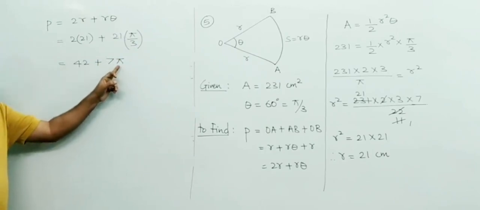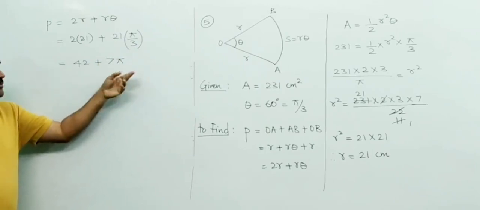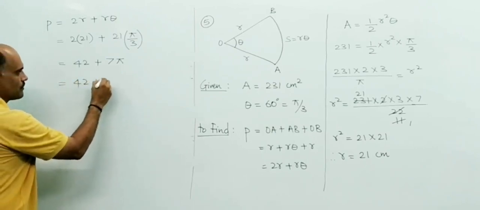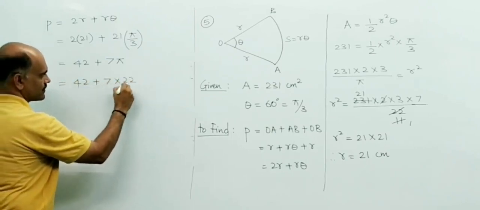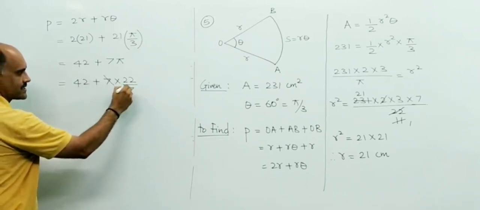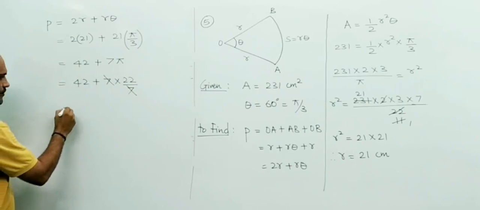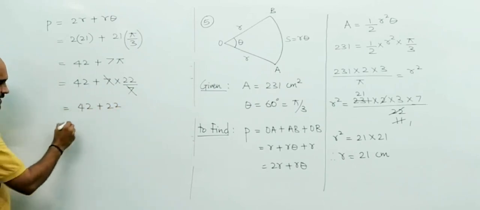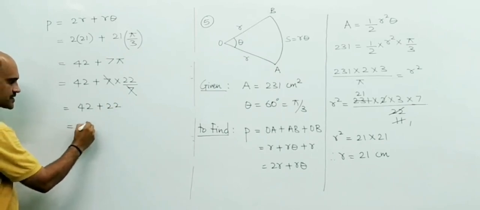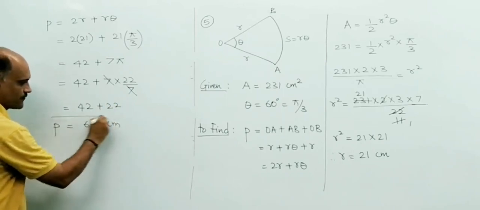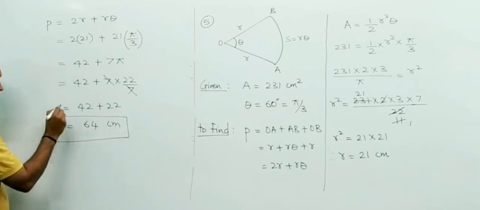Now again substitute the value of pi, which is 22 by 7. So 42 plus 7 into 22 by 7. The 7 gets cancelled. You will have 42 plus 22, that is nothing but 64. So perimeter is equal to 64 centimeters. This is the answer.